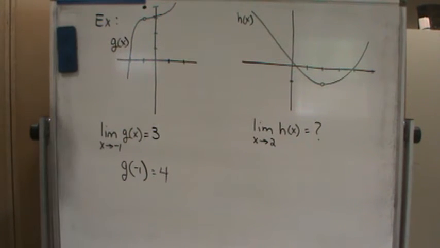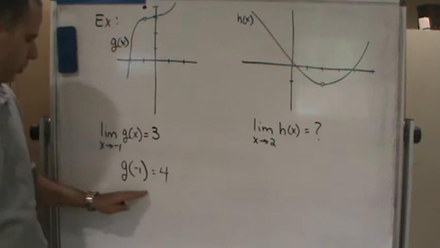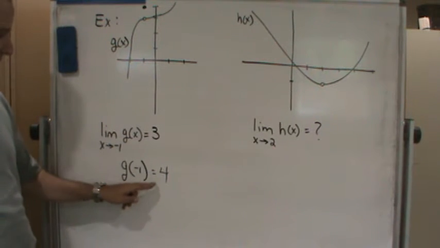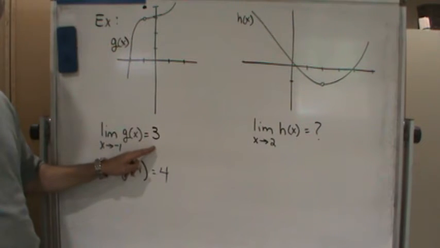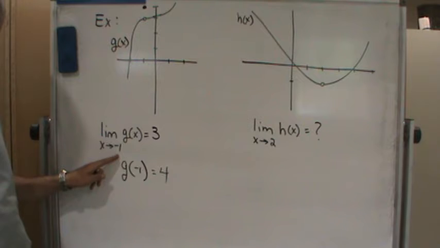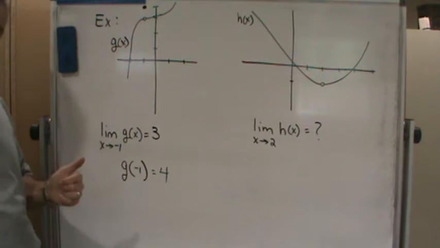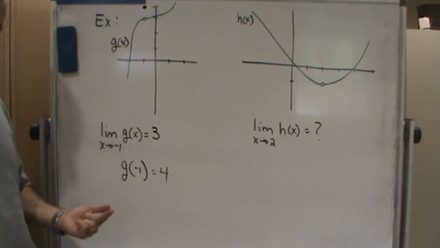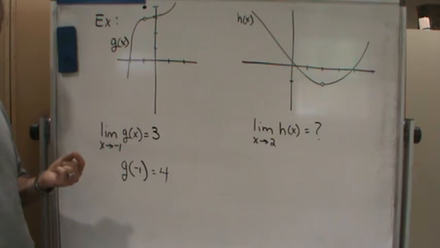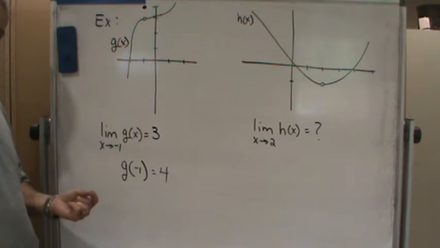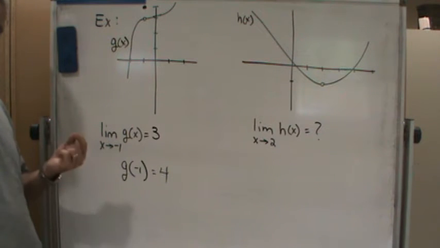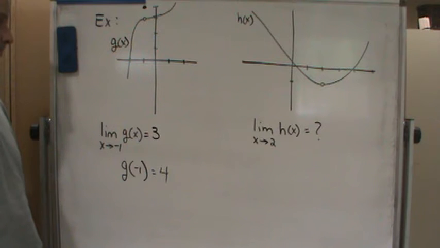So notice that the value of the function evaluated at x equals -1 is not the same as the limit of the function as x approaches -1. That means the limit and the value of the function at that value of x don't necessarily have to be the same.